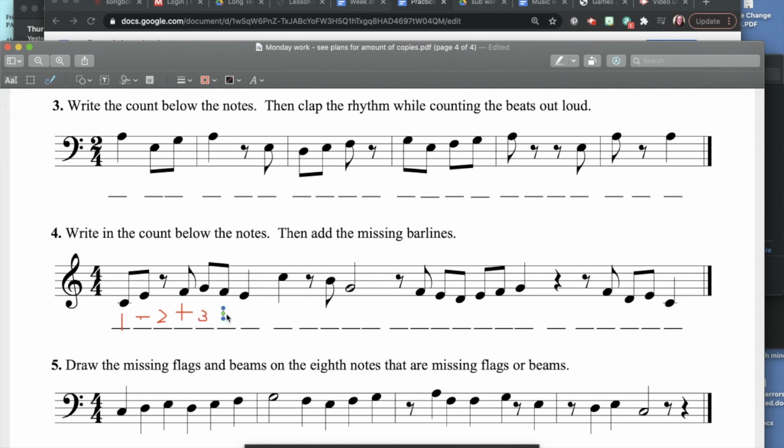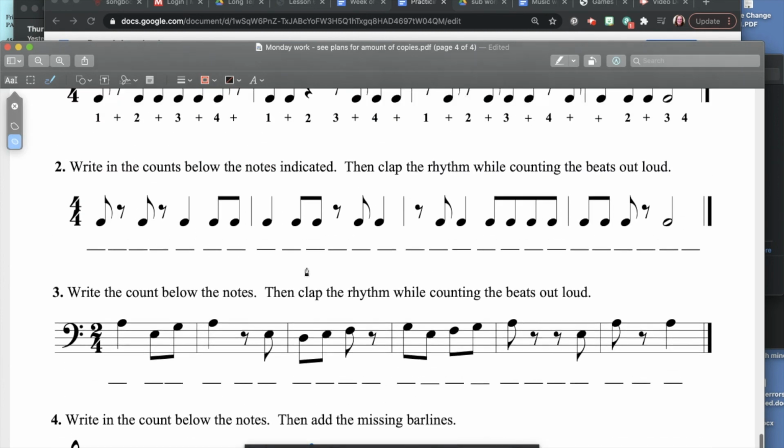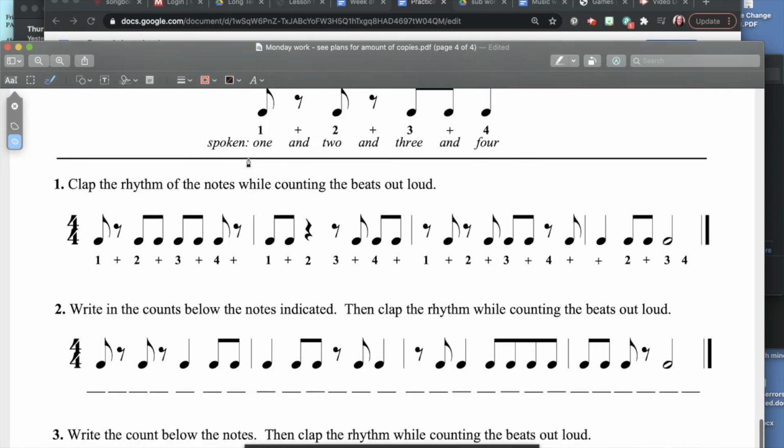I like that one. 3 and here's 4. Then we need to draw a line. Okay, there's not an and. The quarter note gets all of that 4. Line. On the next one, you got to make sure you remember how to number this. So use the things that are above, like number 1 as a reference.